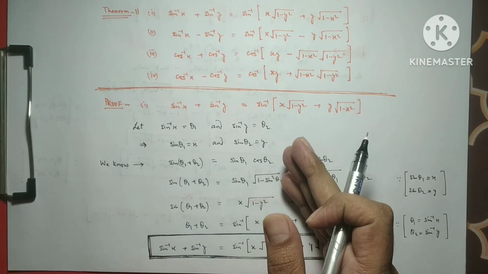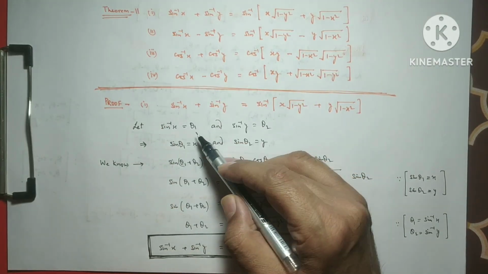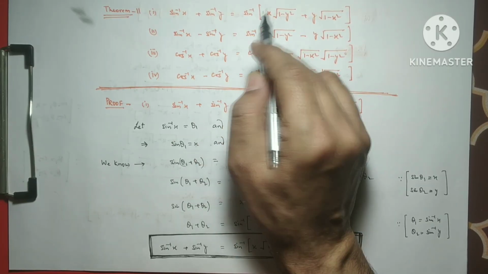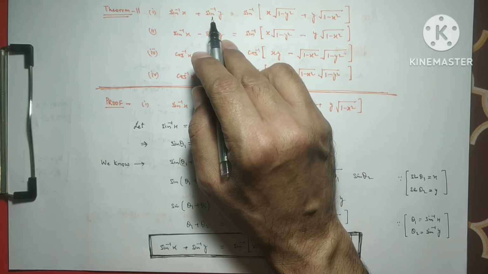According to our previous discussion, we consider theta 1 plus theta 2, and when sine comes on the left hand side, this becomes sine of theta 1 plus theta 2.